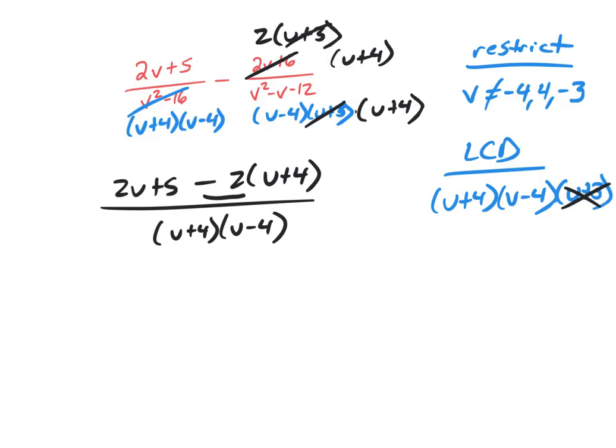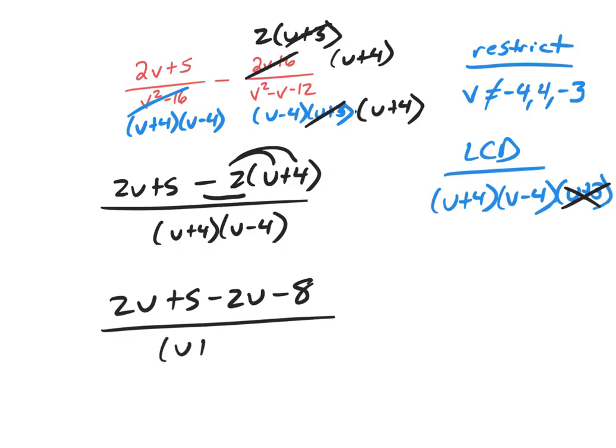So I could take this whole thing here and distribute it. So this would become 2v plus 5 minus 2v minus 8. Okay, and then these v's are going to knock out.